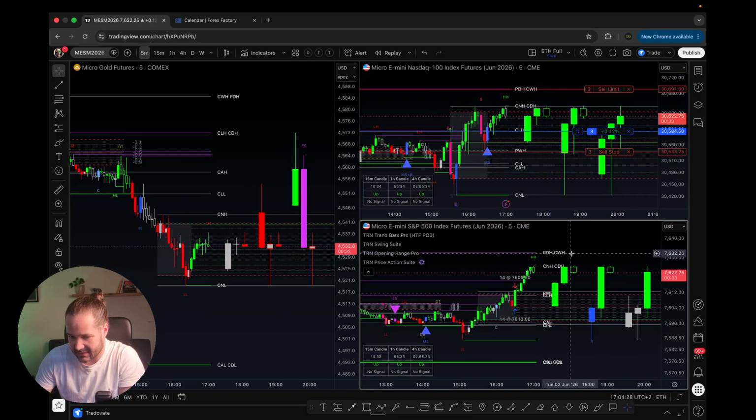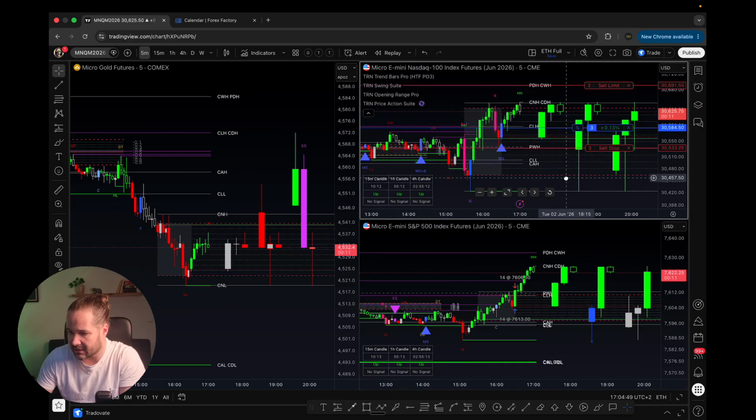Damn it. Gold starts forming a range. This is not good. This is not what we want. We want higher. Okay, 15 seconds left. Means nothing.